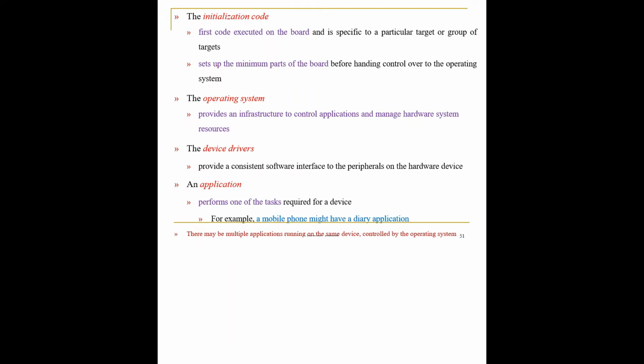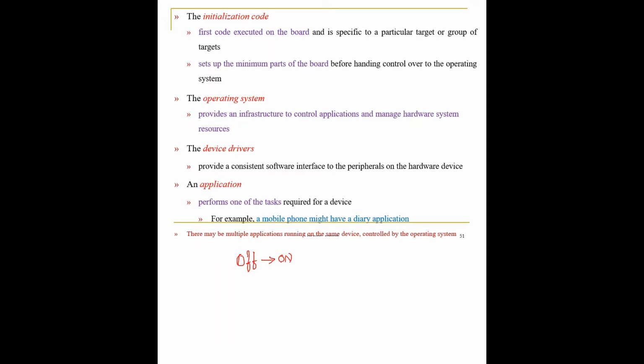When does this initialization code come into picture? Let's say your system has been turned off and you are trying to turn it on. The system will be brought from the off state, or reset state, to a state where our operating system can run.